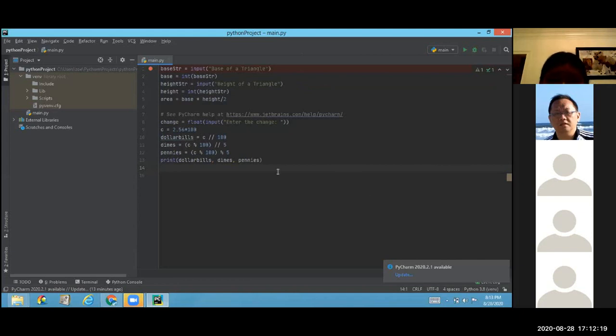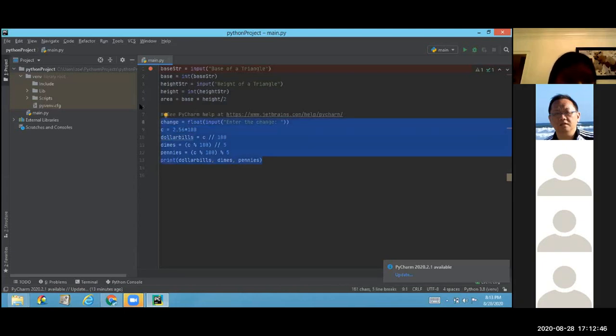Can you create a new file? How come you have the triangle in the same file? Now it's actually in one same file called main.py, right? So why don't you create a new program?